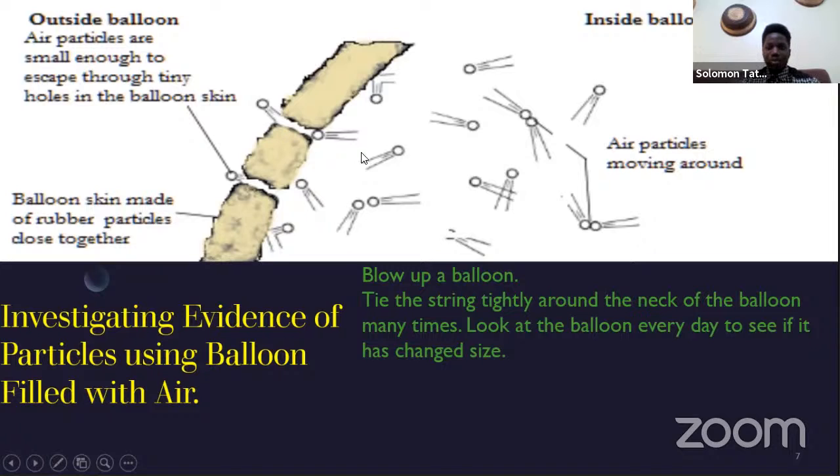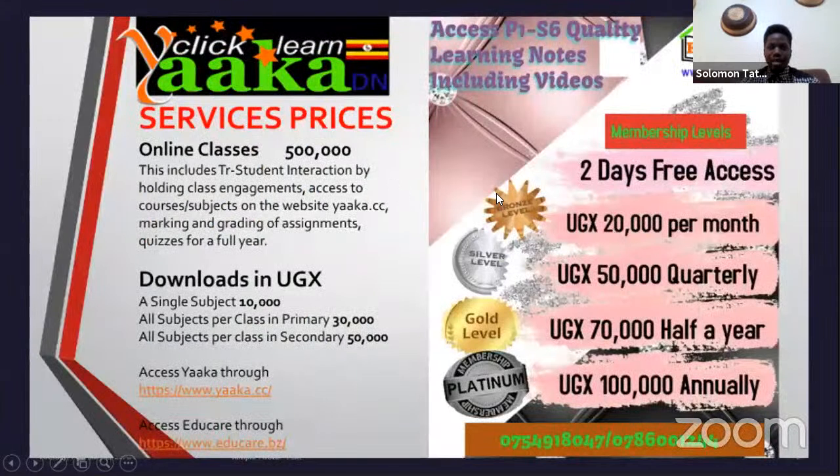Okay, so they keep knocking around the walls of the balloon until they find these small areas where they can pass and move out. Therefore, the pressure will decrease with time. So that's what I wanted to remind us before we moved on to the next small topic.